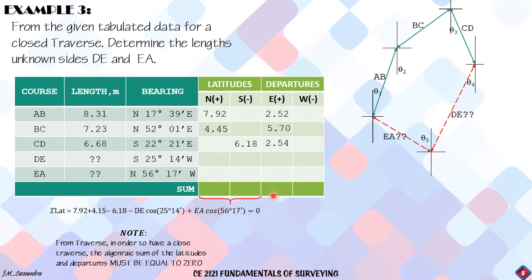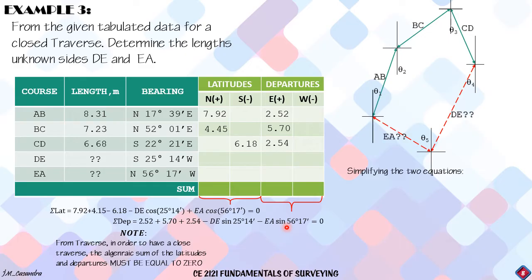We take the second equation for the sum of the departures, which is 2.52 plus 5.70 plus 2.54. It's a westing, so minus DE sine 25 degrees 14 minutes. Westing also for EA, so minus EA sine of 56 degrees 17 minutes. So we have two unknowns, two equations.